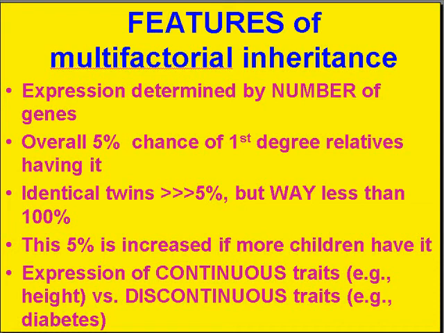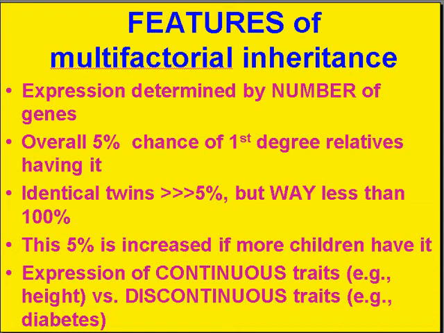If you have a disease which is regarded as multifactorial, there is an overall 5% chance that your first degree relatives, like your kids and your parents, have it or will have it. Now, if you're an identical twin that has it, that 5% is a lot bigger than 5, but it's really way less than 100 as well.